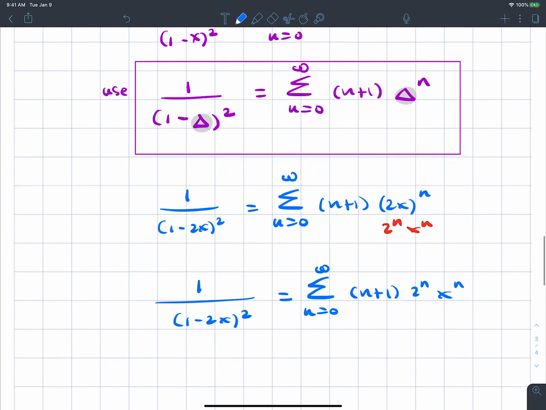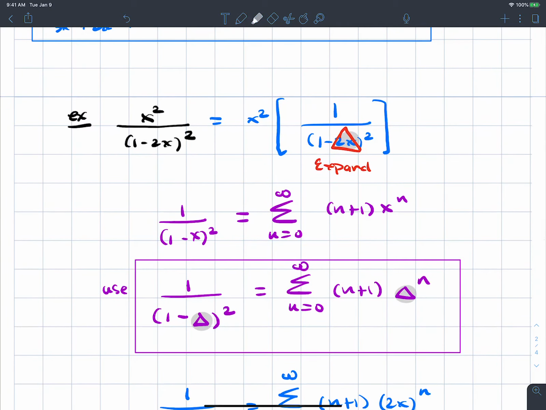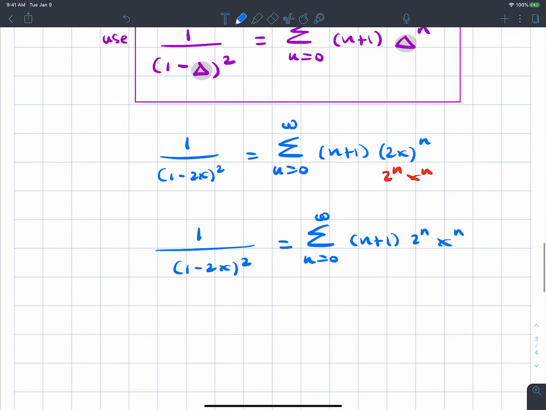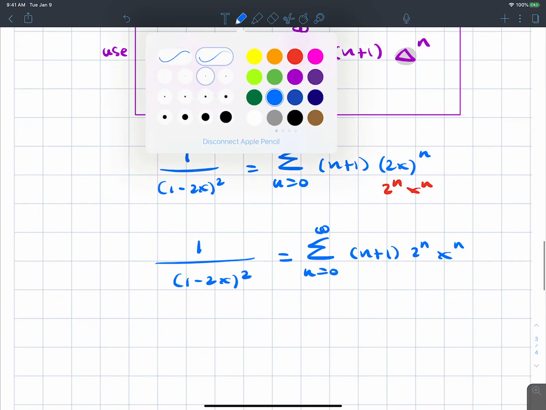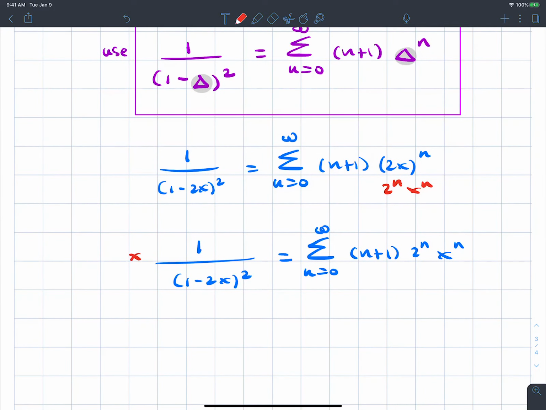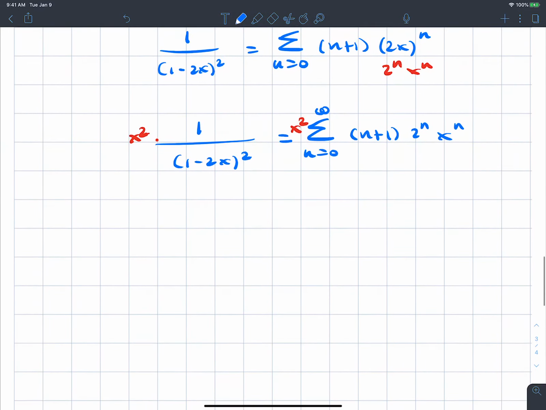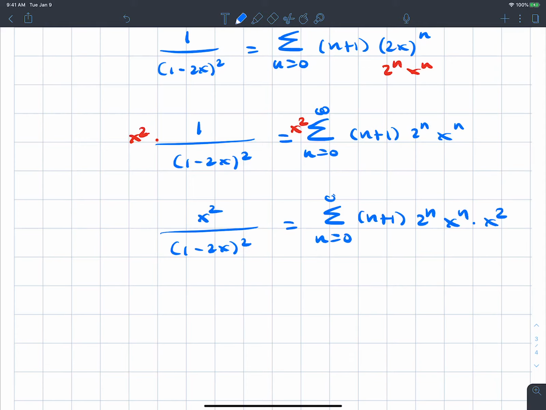And then don't forget what we had here. We had a factor of x squared that gets multiplied to that. So if I multiply both sides by x squared, we get x squared over (1 minus 2x) to the second power. I'm going to distribute, so my x squared is now inside, next to the x term, because we're going to do some algebra here.